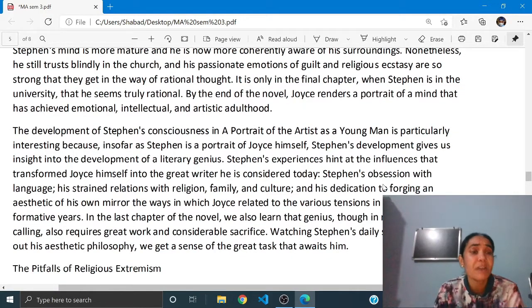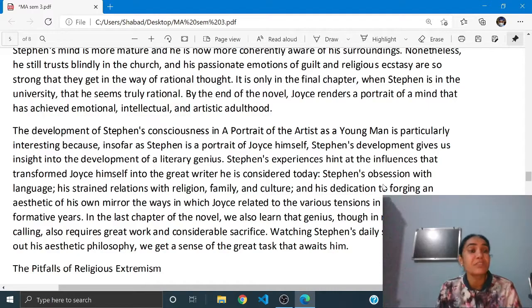The development of Stephen's consciousness in A Portrait of the Artist is particularly interesting because Stephen is a portrait of Joyce himself. So Stephen's development gives us an insight into the development of Joyce himself. Stephen's experiences also hint at the influences that transformed Joyce into a great writer.